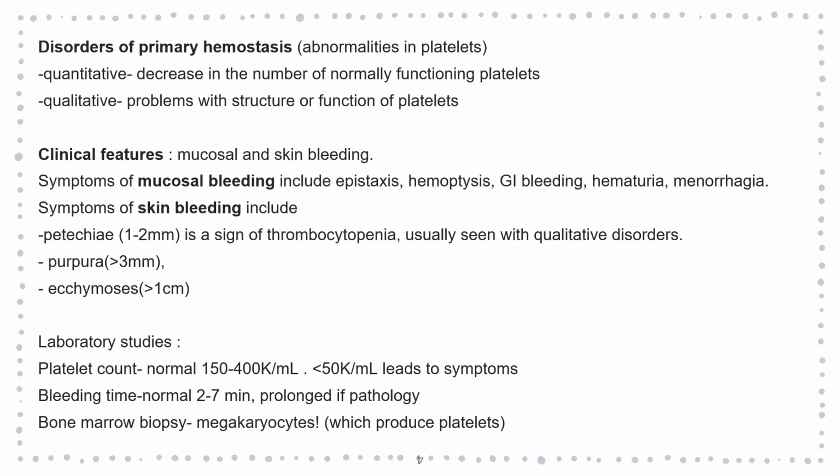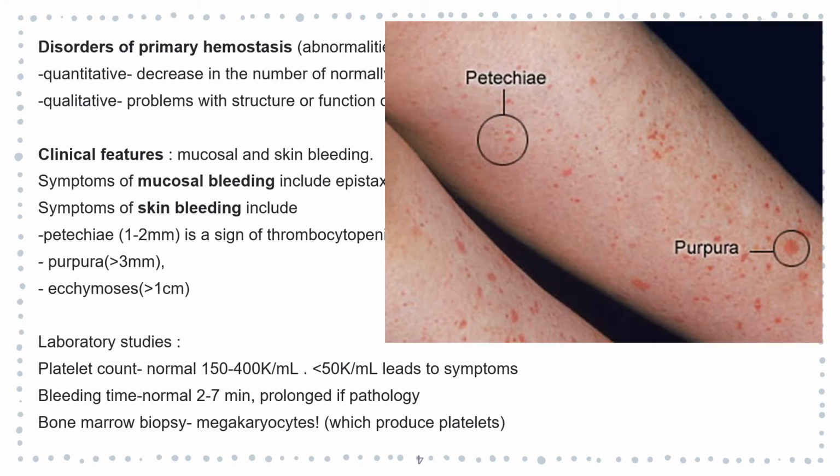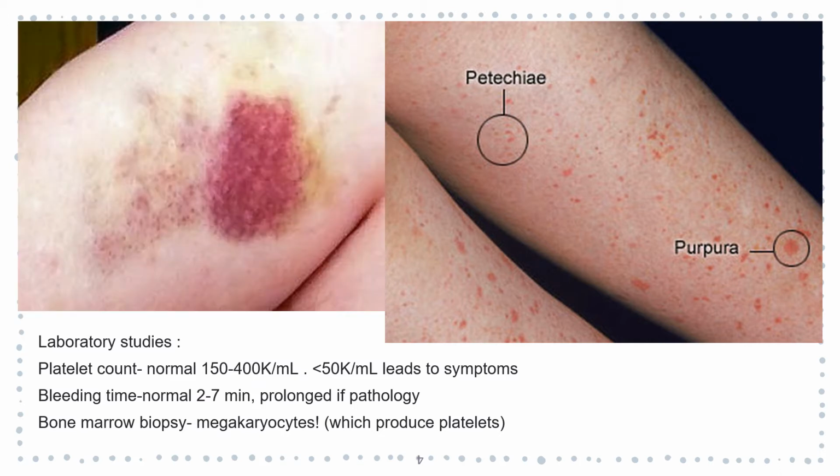That's why megakaryocytes show up, and in bone marrow biopsy you can see a lot of megakaryocytes. On this picture you can see clinical features and appearance of the petechiae, purpura and ecchymosis.